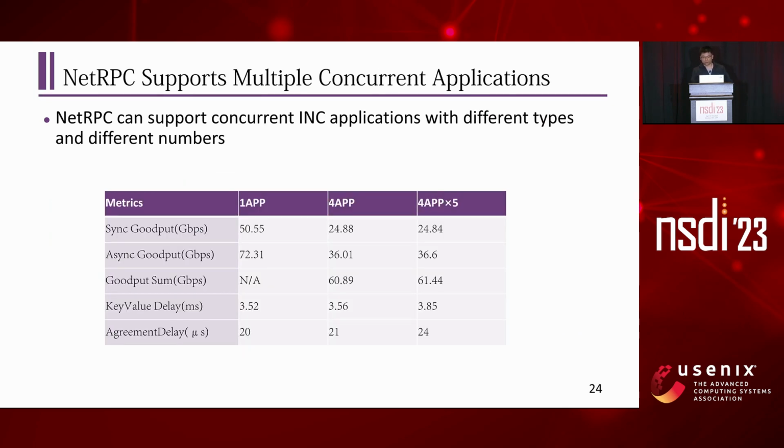And we run NetRPC applications of different types and different numbers on the same system. And we can observe that NetRPC can support all these different types of INC applications with little performance loss.